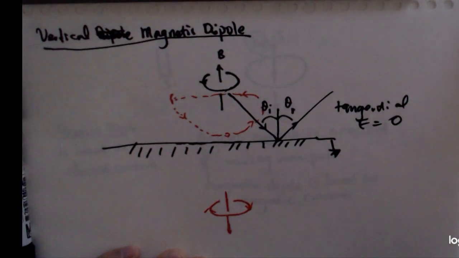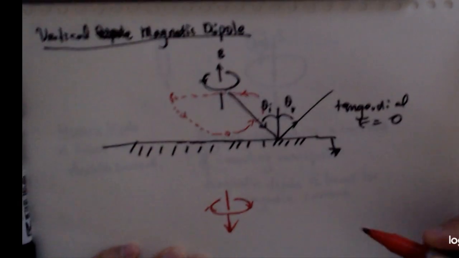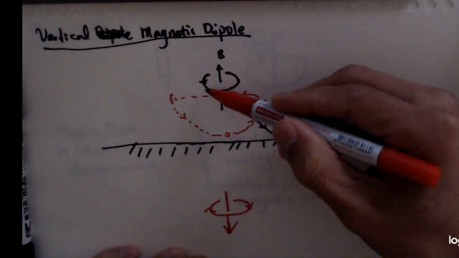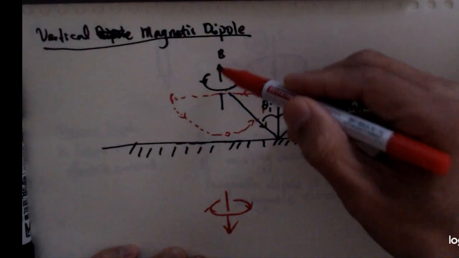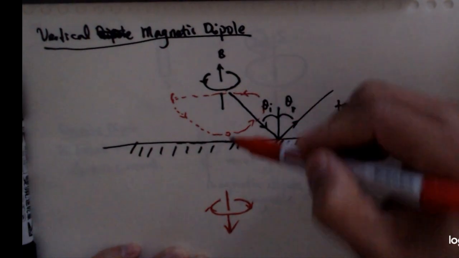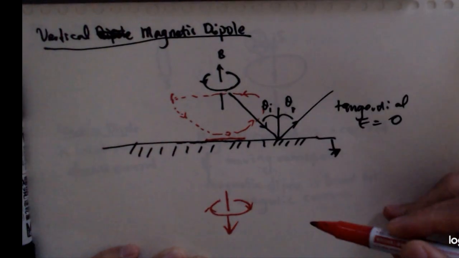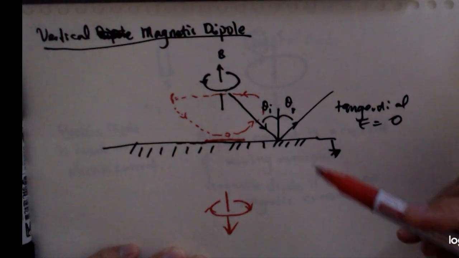Then you will produce an electric field totally opposite. And this electric field will be completely counterbalanced by the electric field radiated by the original physical antenna. So the tangential electric field right on the ground interface will remain zero. So this is the only option.